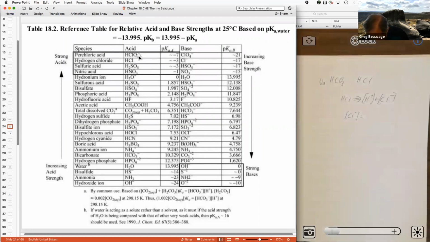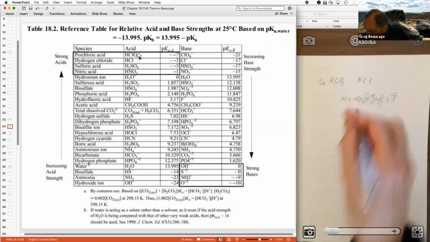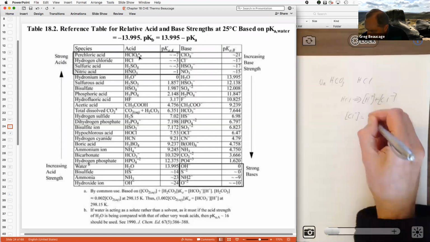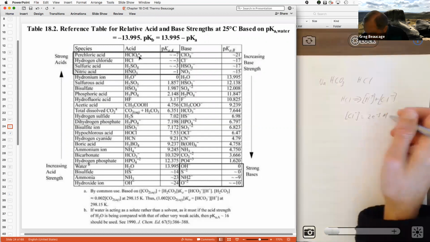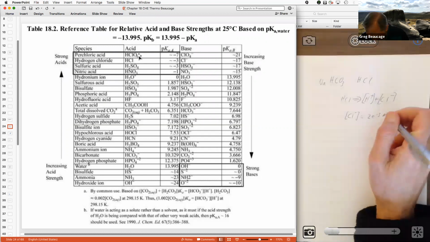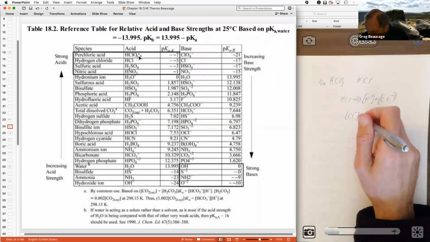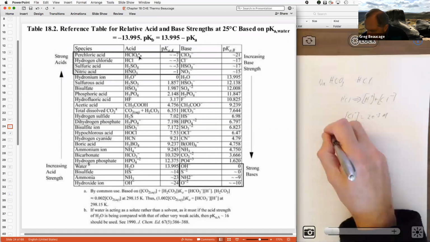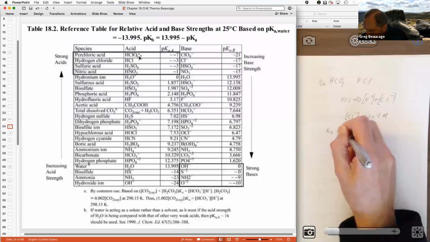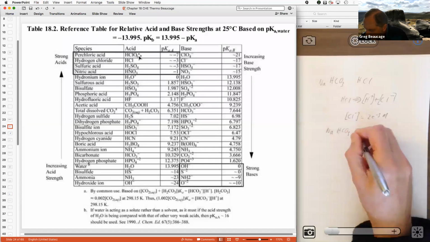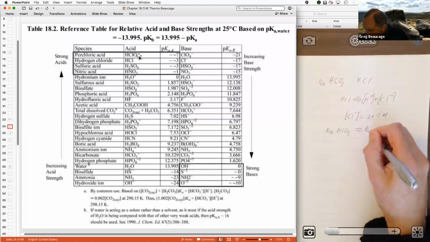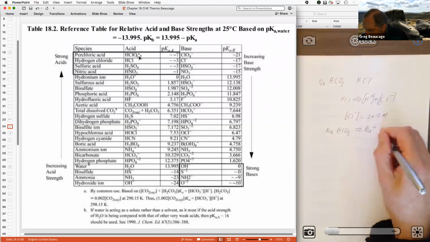So let's see, the Cl concentration is 2e to the minus 3 molar, moles per liter. And then the NaHCO3, it's a strong base, so that one's going to go completely to Na plus and then HCO3 minus.